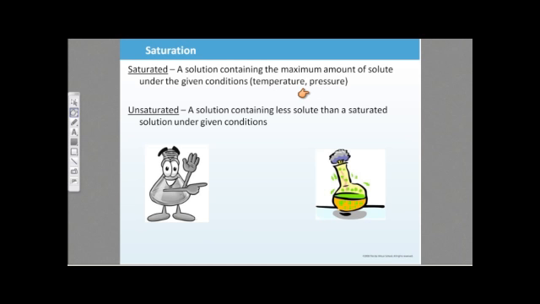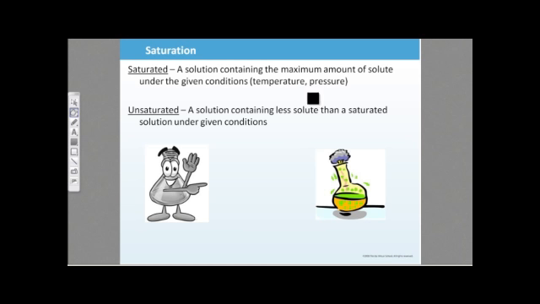Again, using our salt water example, if you have a glass of water and you add so much salt to it that no matter how much you stir it, there's still salt sitting in the bottom of the glass, you have made a saturated solution because we're not able to get any more salt to go into the solution.